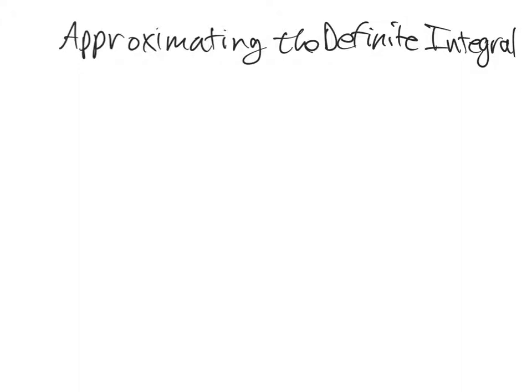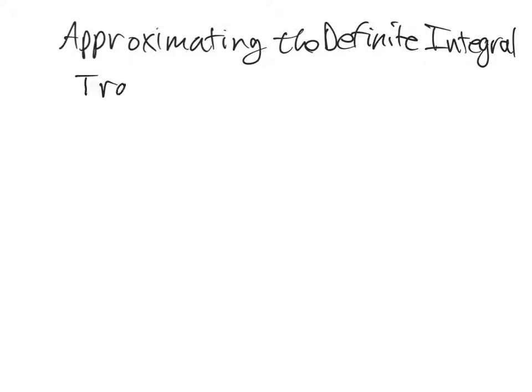Some functions we can't find an indefinite integral or an antiderivative for, but we can at least estimate the value using the rectangles we talked about earlier, the right endpoints or the left endpoints, but those are not very accurate.